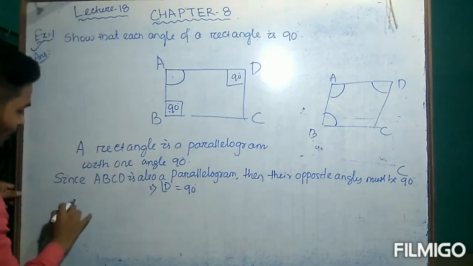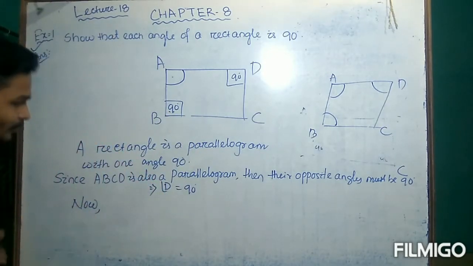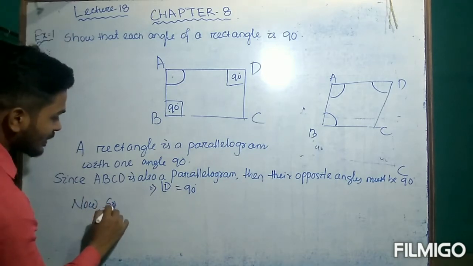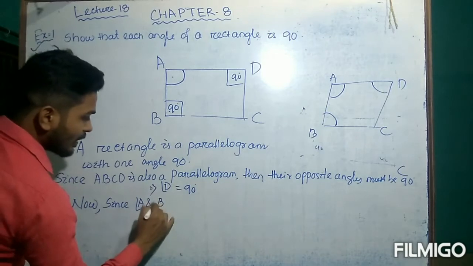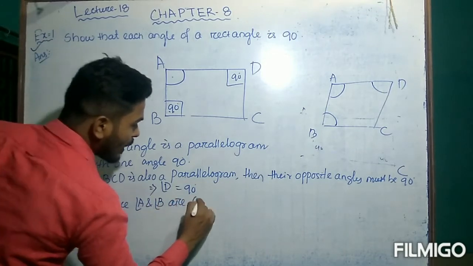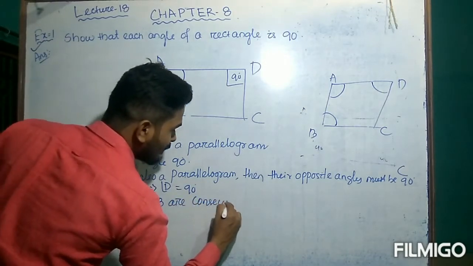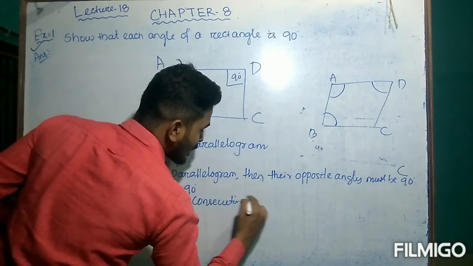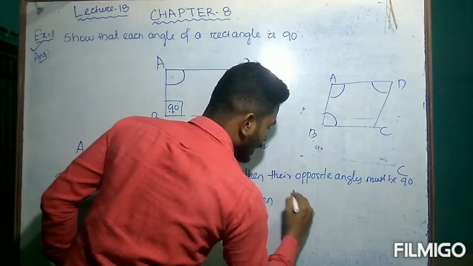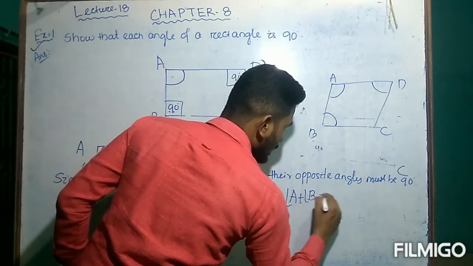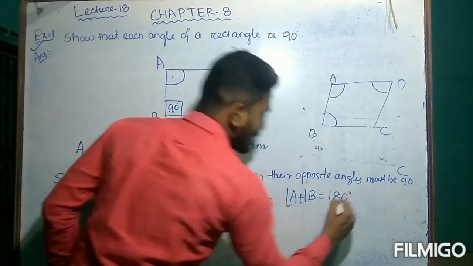Now, since angle A and angle B are consecutive, what should we write? A plus B is equal to 180 degree.